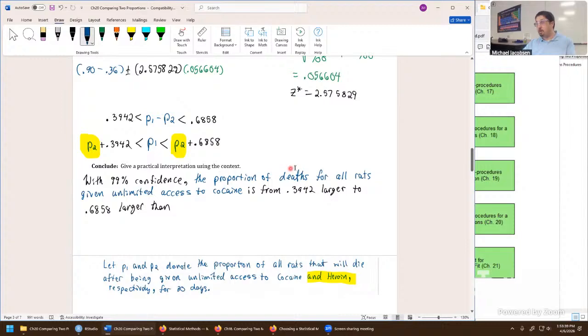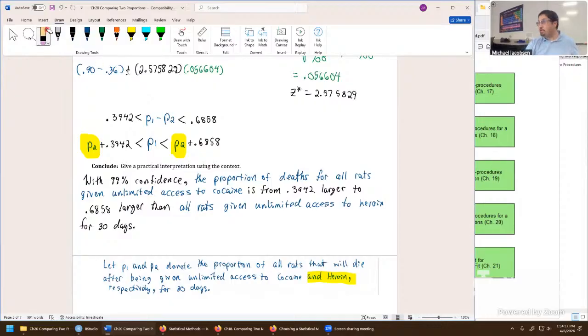So we don't have to say, well, let's read it out, say this way, then these rats, let's maybe use all, just to emphasize the population, then all rats given unlimited access to heroin. And let's put in that important part of the context for 30 days.